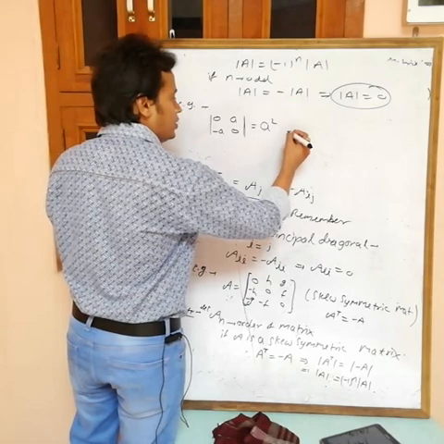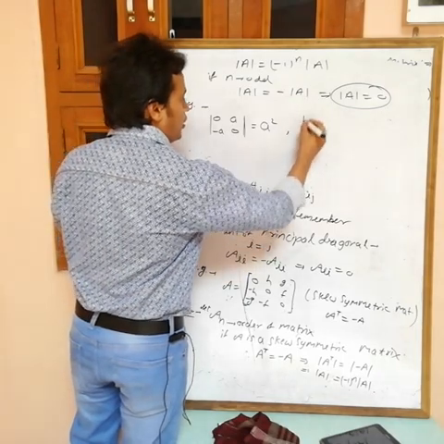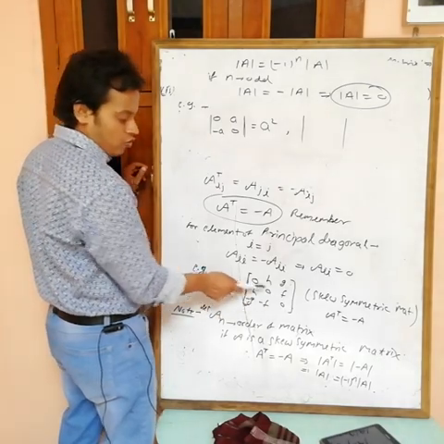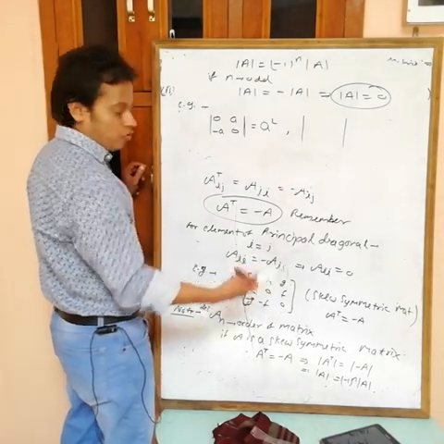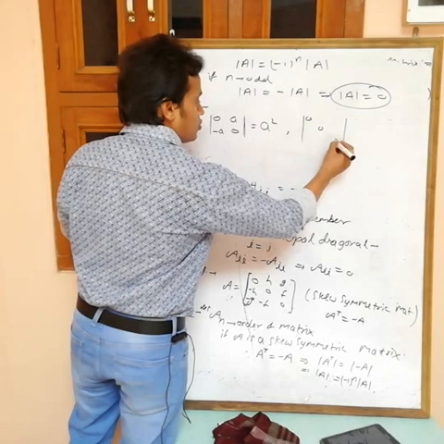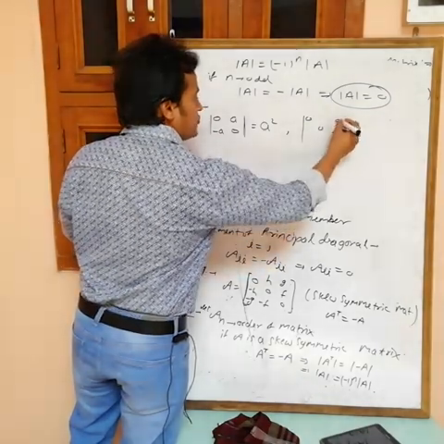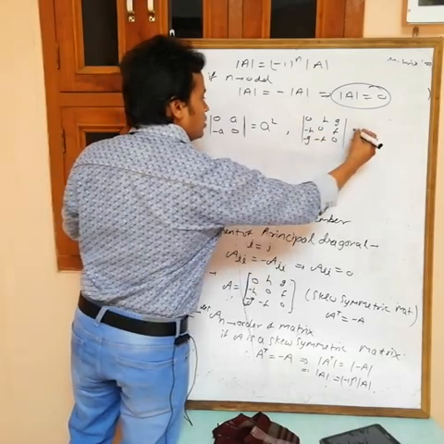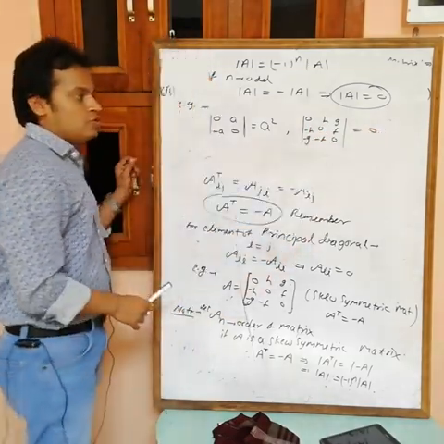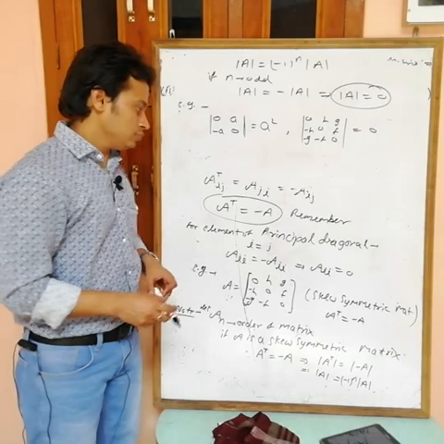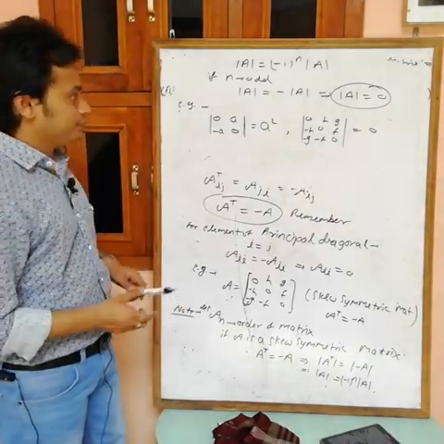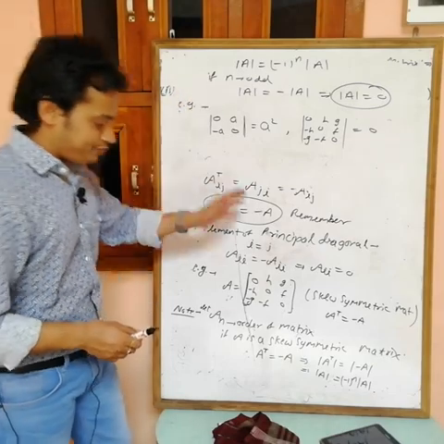But if you find the determinant of this matrix, because its order is 3 by 3, it means odd: 0, 0, 0, F, G, H, minus F, minus G, minus H. Then you will get this value equal to 0. So remember this one. Write it down.